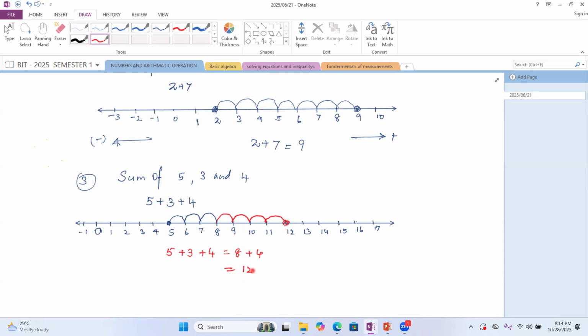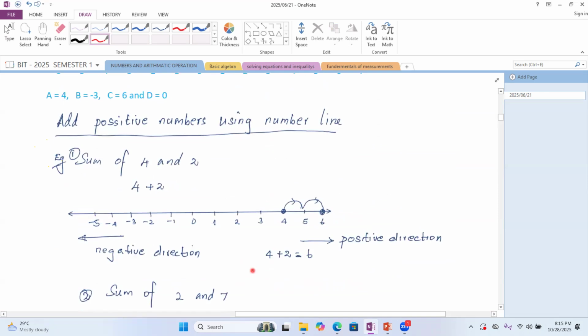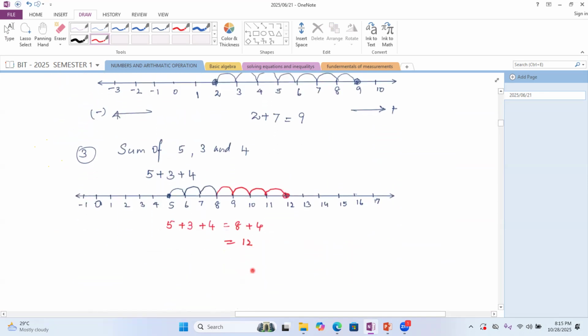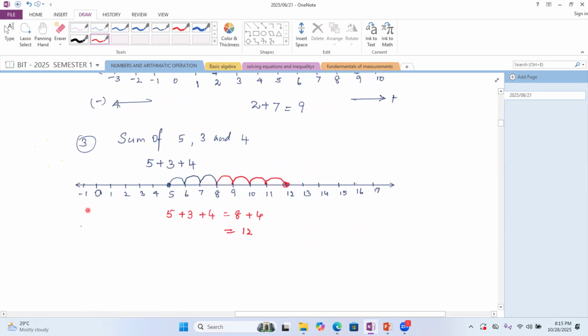We added positive numbers using the number line, now subtract positive numbers using the number line.